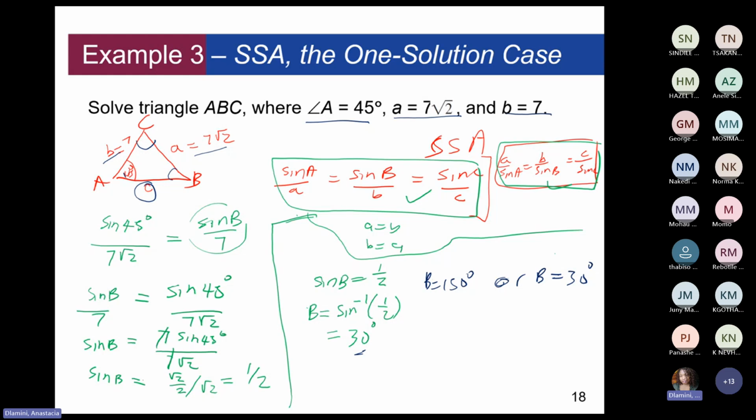And then you say 45 degrees plus 30 degrees gives you what? 75 degrees. That is still less than 180 degrees. So 30 degrees can be correct. Are we together? Then you go and take 150, so you say 45 degrees plus 150 gives you what?